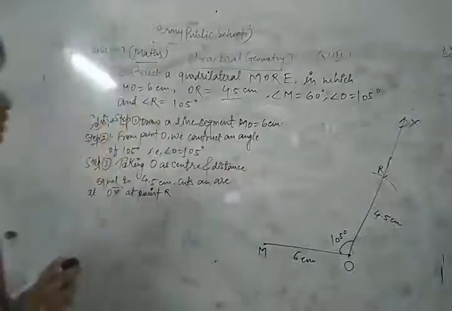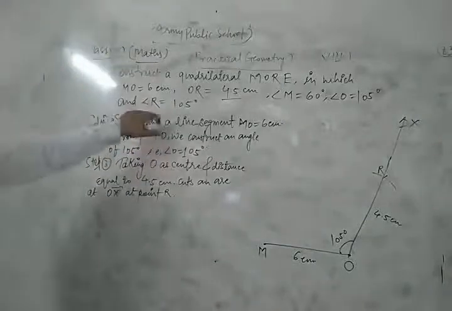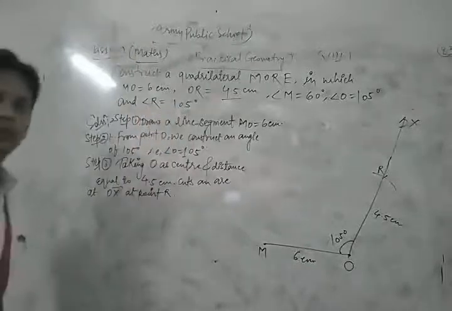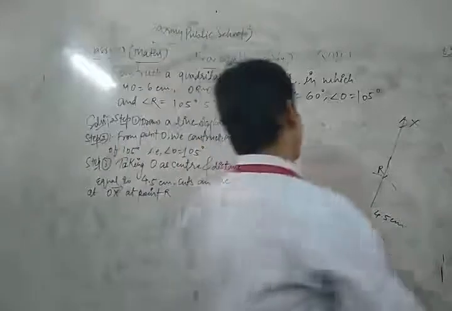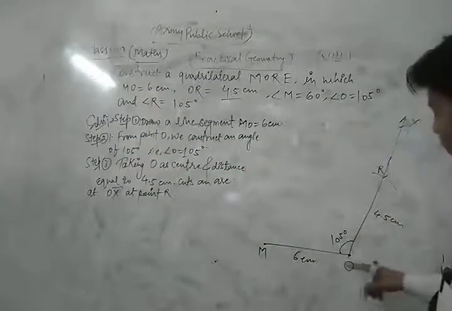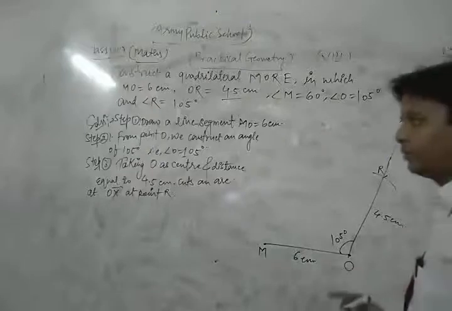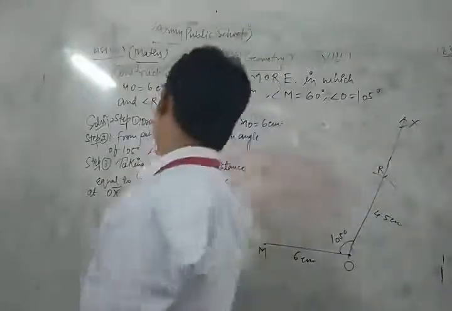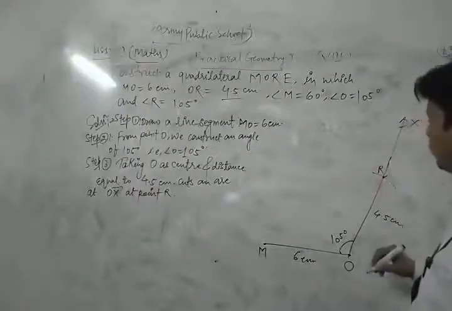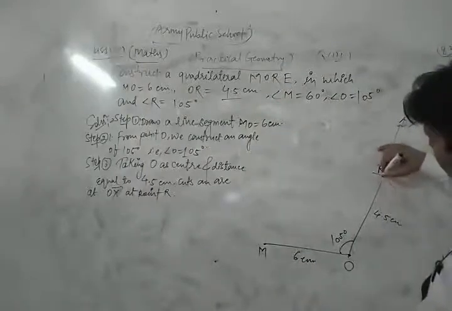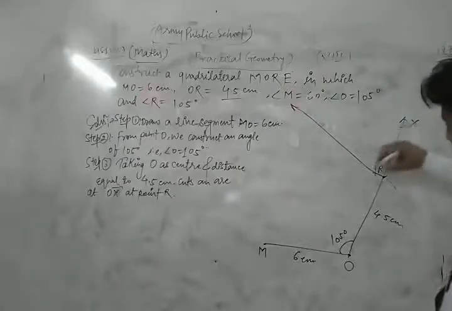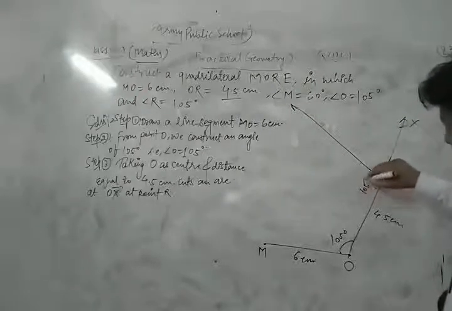Now there is one important thing: angle R is also equal to 105 degree. At point R we also construct an angle of 105 degree with the help of ruler and compasses. So at point R, from that point we construct an angle in this way. This is 105 degree.